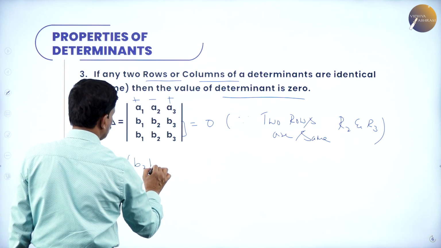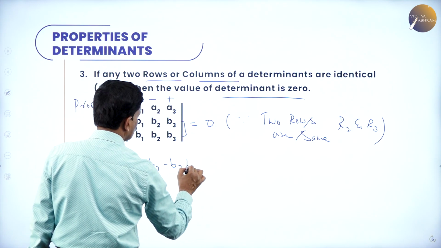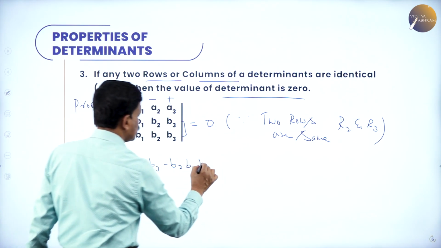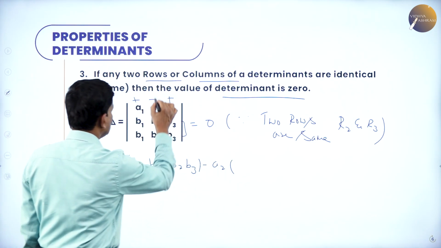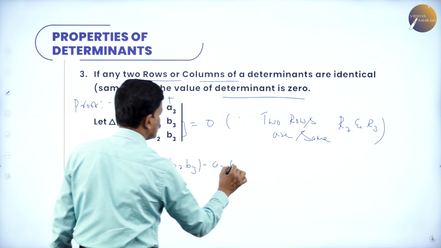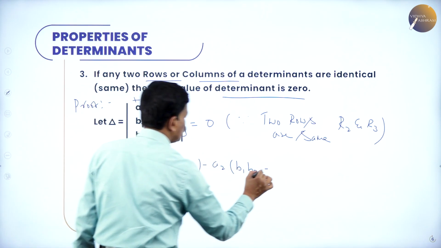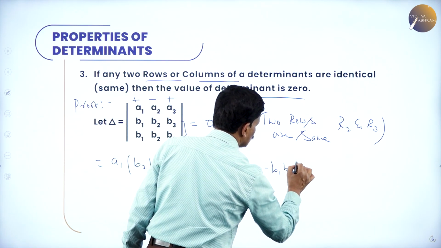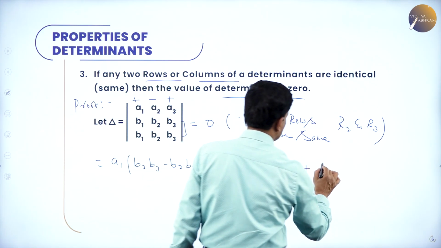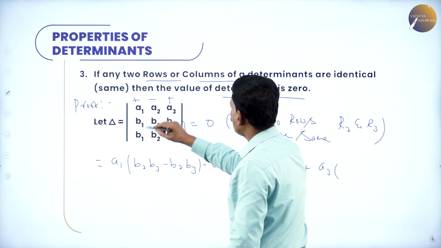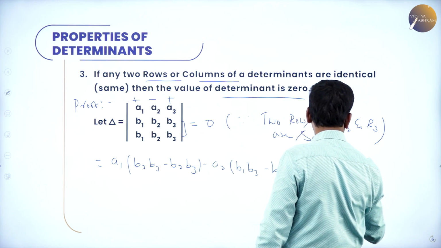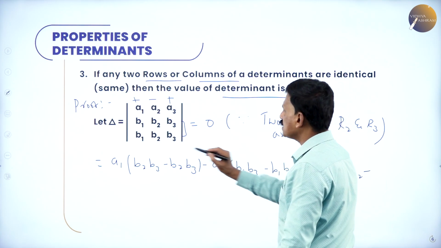A1 into B2 B3 minus B2 B3, minus A2 into this row and column is gone, B1 B3 minus B1 B3, plus A3 into this row and column is deleted, B1 B2 minus B1 B2.